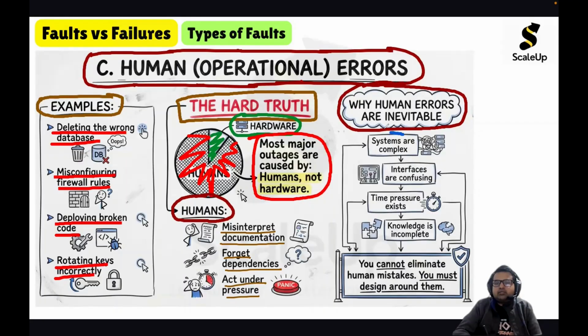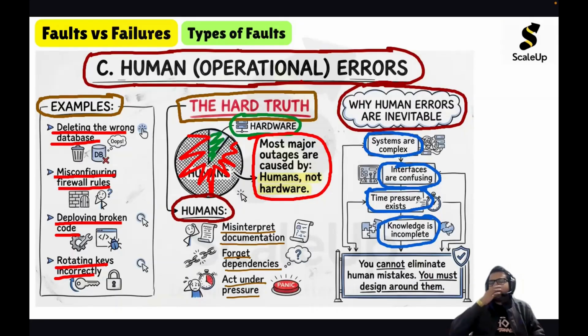So see, systems are complex, interfaces are confusing, time pressure exists, and knowledge is incomplete. Basically, human errors are inevitable because humans are dealing with complex systems, confusing interfaces, operating under high time pressure, and they might have incomplete knowledge.